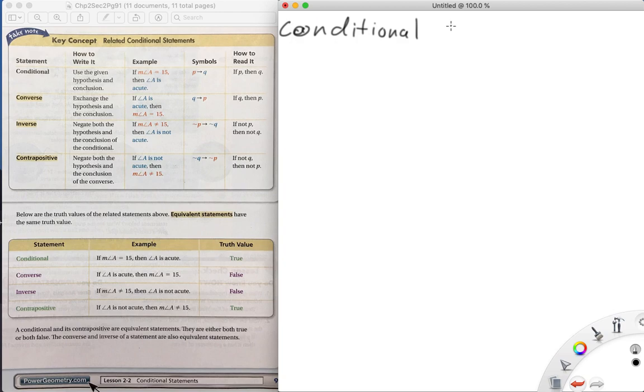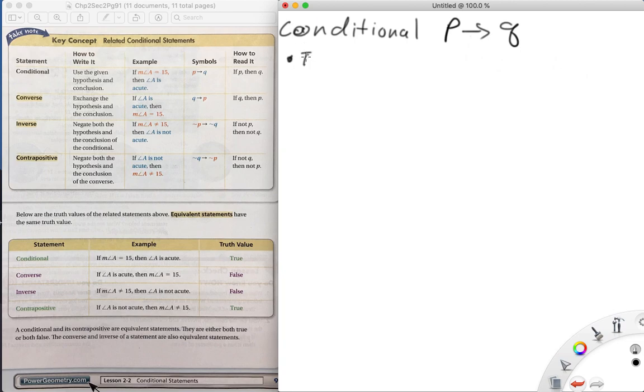That's if P then Q. This arrow means the if-then. So if P then Q. That's the symbol.